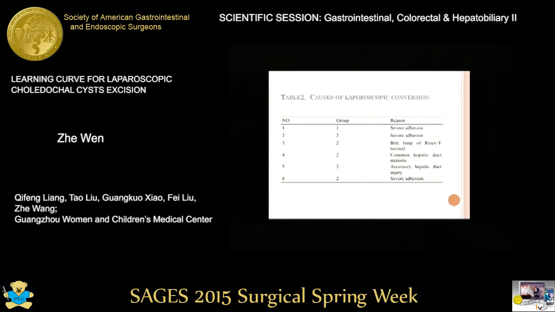These are the causes of the laparoscopic conversion. 6 were because of severe adhesion, and the others include a twisted biliary limb of the Roux-en-Y, common hepatic duct stenosis, and accessory hepatic duct injury.